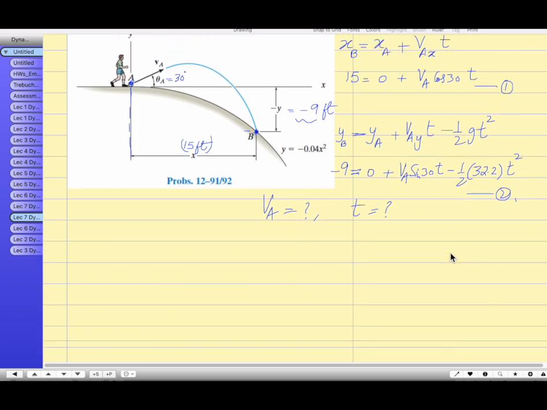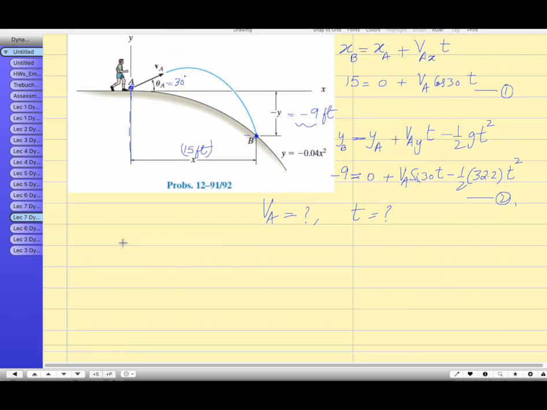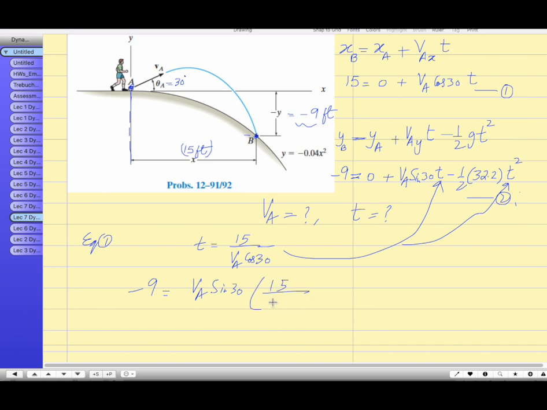So let me grab this t from equation 1. If I do the maths just to manipulate and bring the variable, t is 15 over VA cosine 30, which comes from equation 1. You have to plug it in over here, and over here. So let me rewrite here: VA sine 30 times t, which is 15 over VA cosine 30.